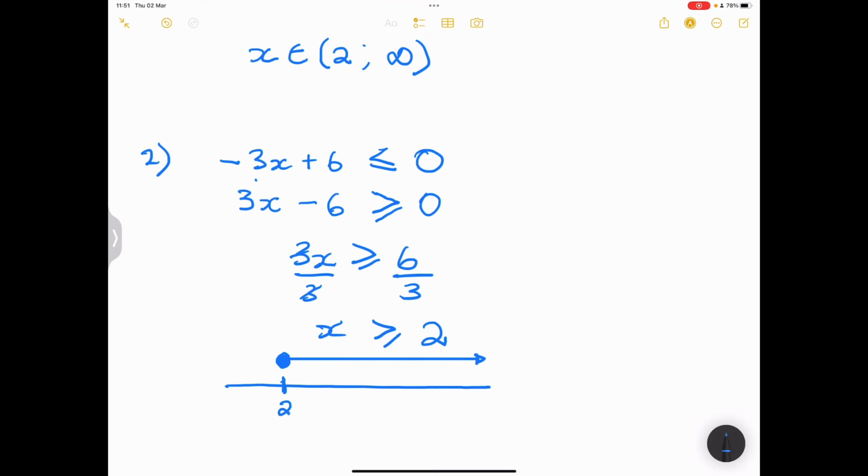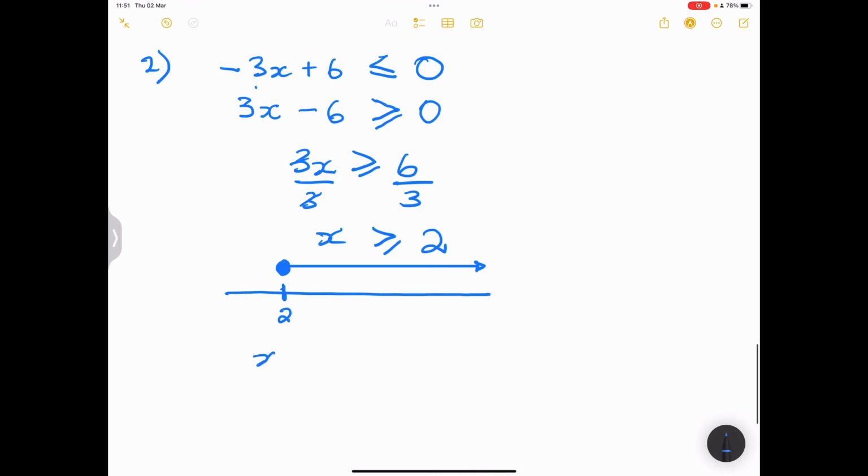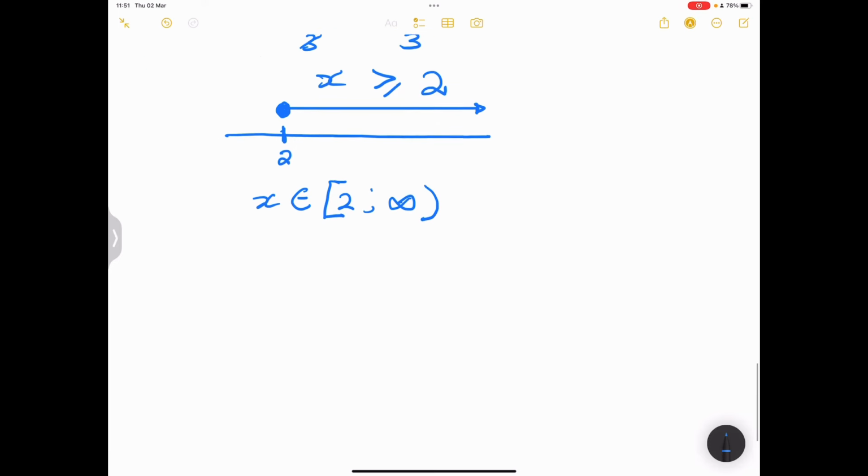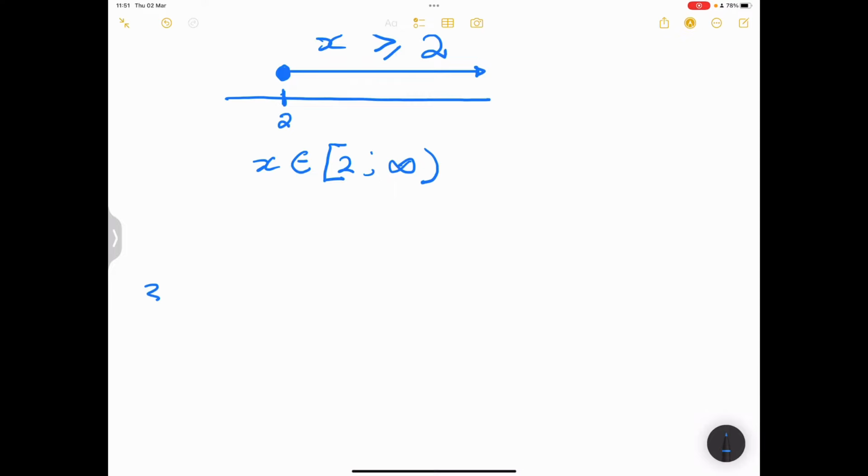So when I write it in interval notation, x would be an element of 2, which is included, all the way up until infinity. And remember that we never include infinity. Okay, let's go on to the next one.